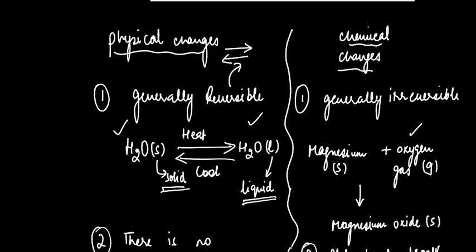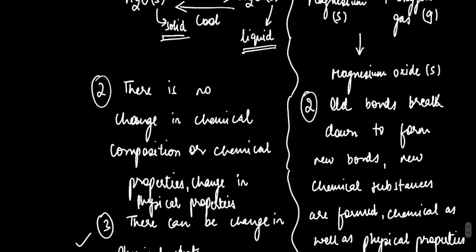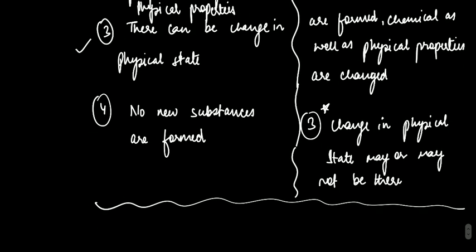So, when we try to differentiate these changes, there can be a lot of contradictory statements. We can't add each and every example under physical and chemical changes. I told you about the example of similarity also. Physical state is a similarity which we can share between physical and chemical change. So, physical state of matter is definitely changing when it comes to physical changes.